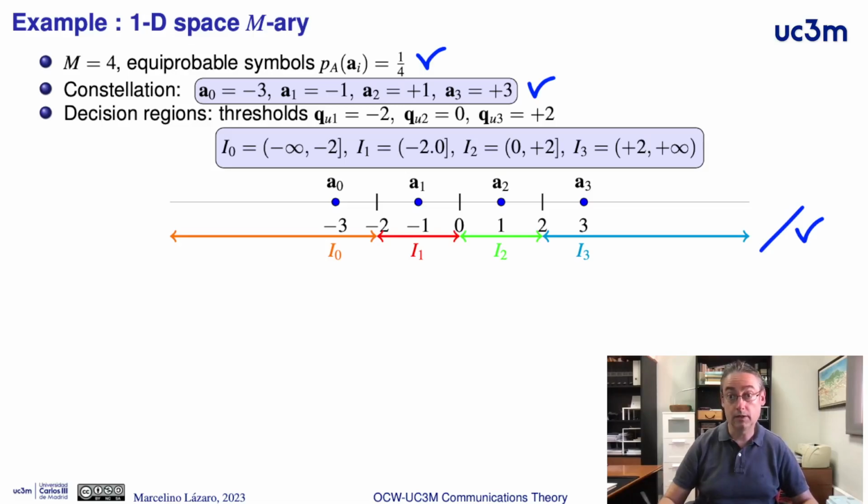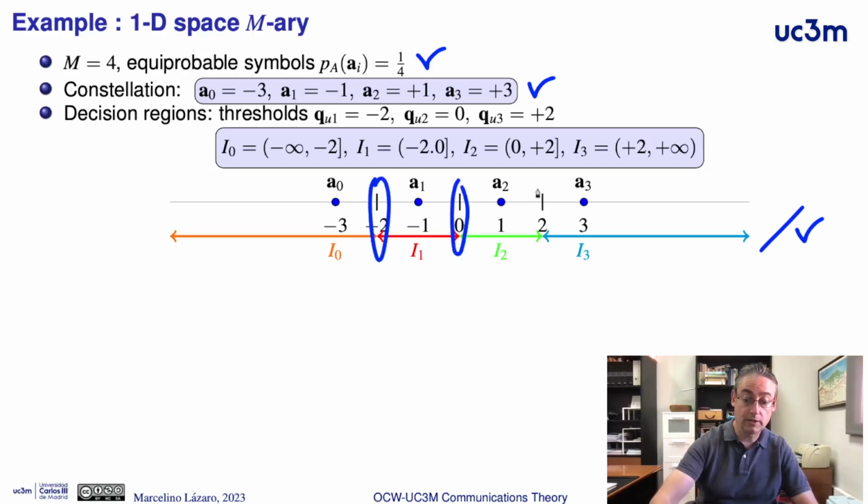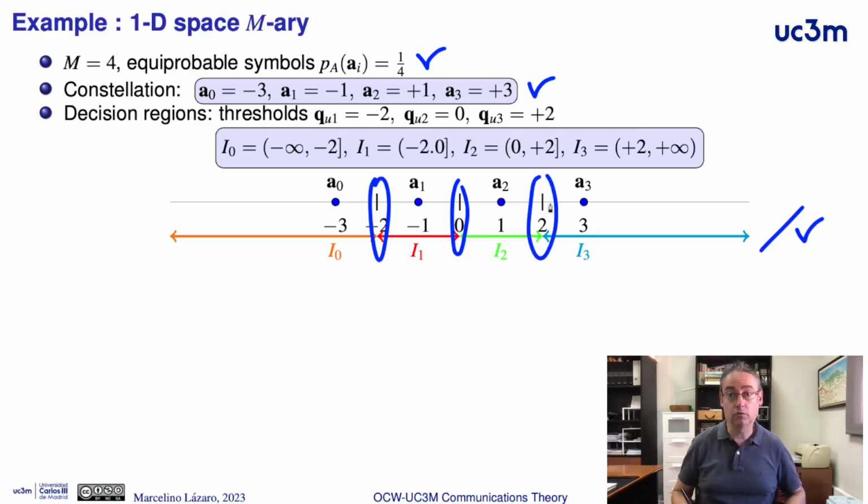This means the decision region of a given symbol is given by the points closer to this symbol than to any other symbol in the constellation. And the decision regions in this case are given by 3 thresholds: a threshold at -2, a threshold at 0, and a threshold at +2. Thresholds in the middle points between symbols in our constellation.